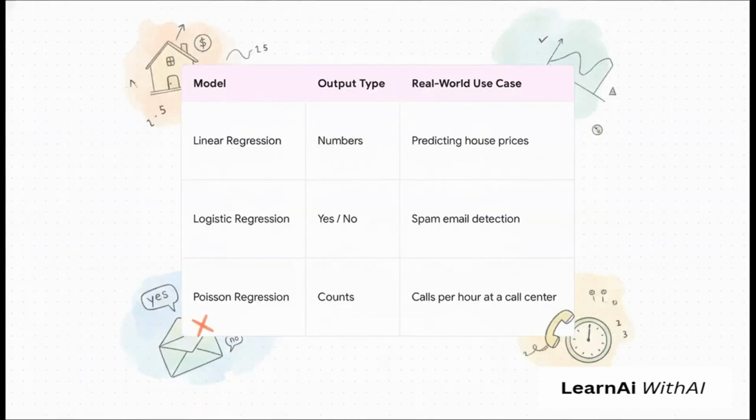This table really spells it out for us. If you're predicting continuous numbers like a house price, you use linear regression. If you've got a yes or no problem, like finding spam, you grab logistic regression. And if you're predicting counts, like how many calls a call center might get in the next hour, you'd use Poisson regression. It's the same family, just different specializations for different jobs.